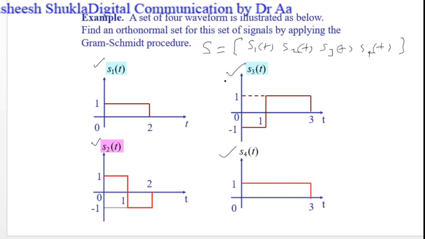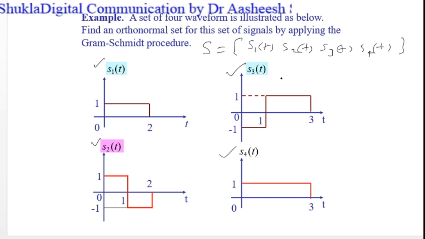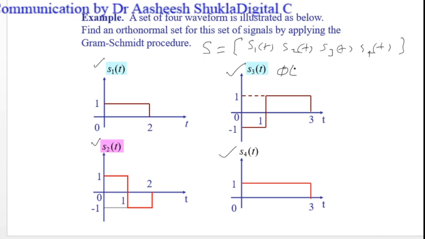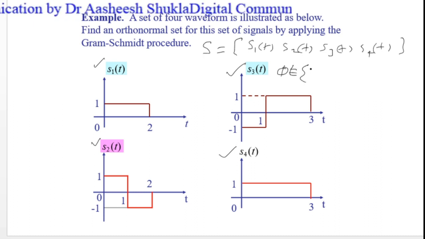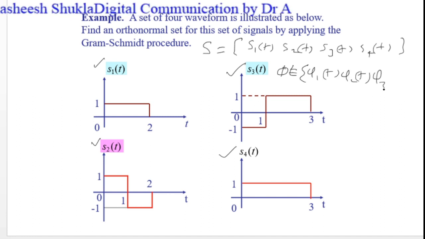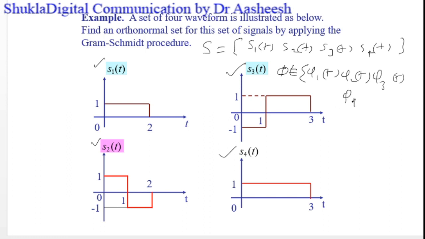And now we have to convert this vector set into a new vector set, that is phi, which is equal to phi 1(t), phi 2(t), phi 3(t) and phi 4(t), right?